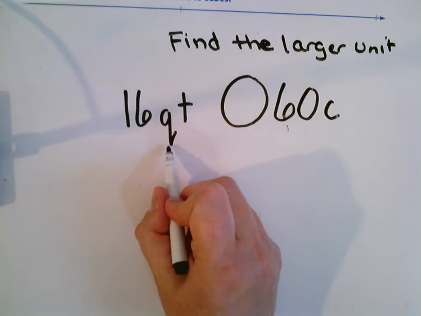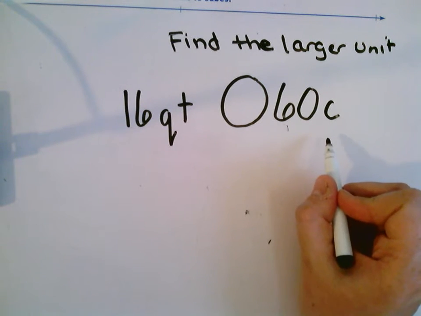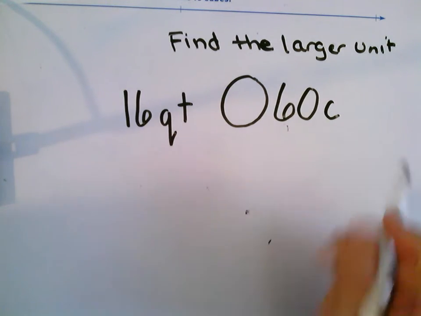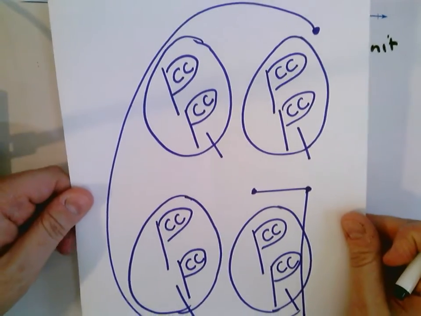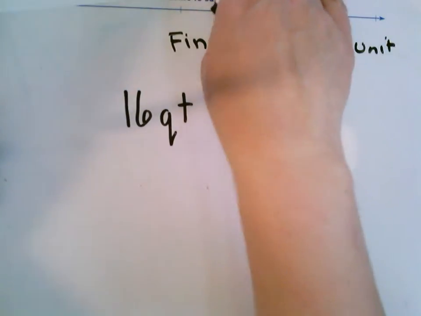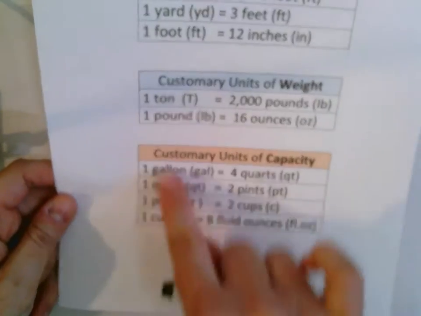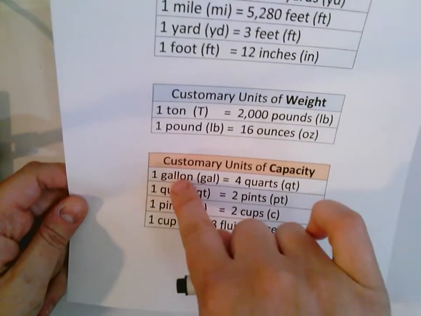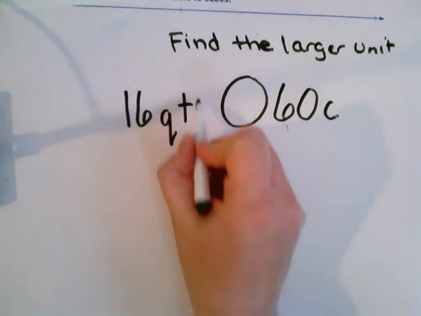Looking at quarts and cups, what's larger, a quart or a cup? You can use your gallon picture to help you see that, or you can use your conversion chart: gallon, quart, pint, cup. Cup is smaller than quart. Quart is larger.